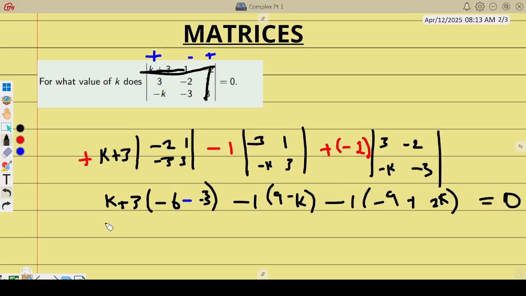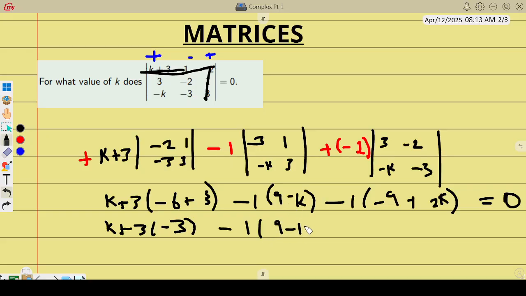So we're going to have k plus 3. So this is negative and negative, it's positive. So for you, you write positive. Negative 6 plus 3 is negative 3 minus 1.